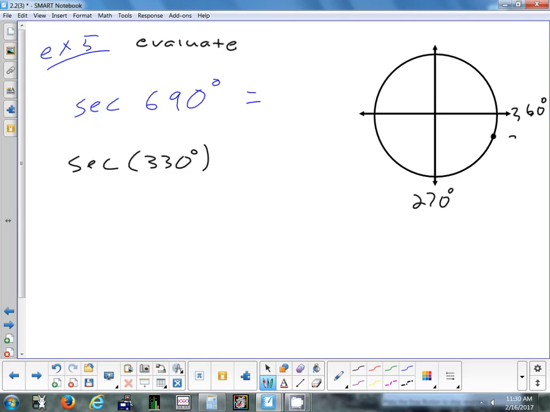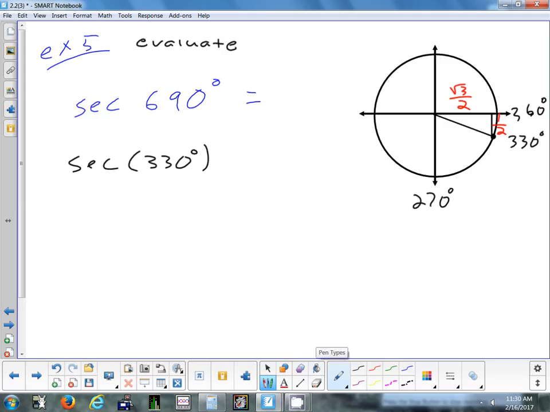So just kind of estimate it. Make your triangle. I should be able to tell the short side and the long side. Here's my short side, 1/2, and this is my long side.